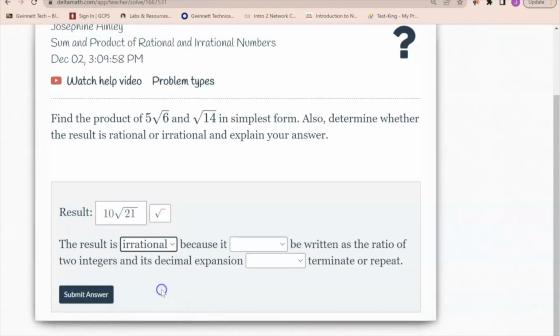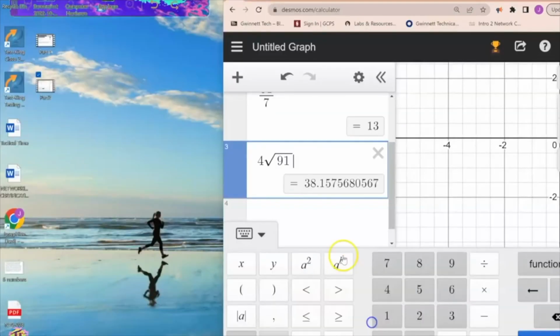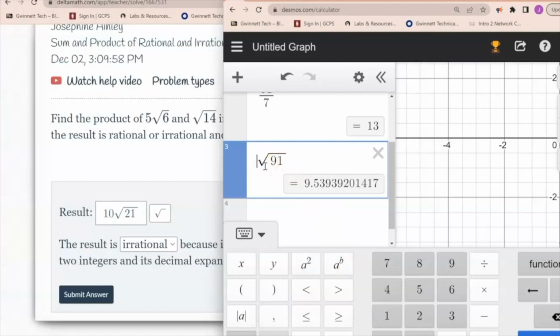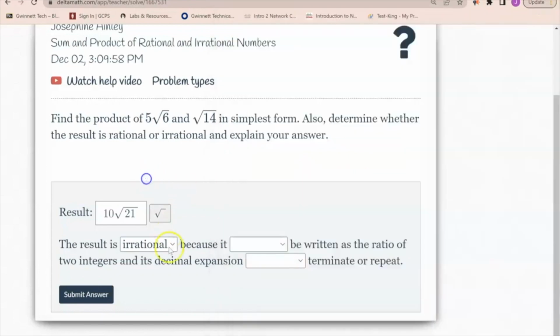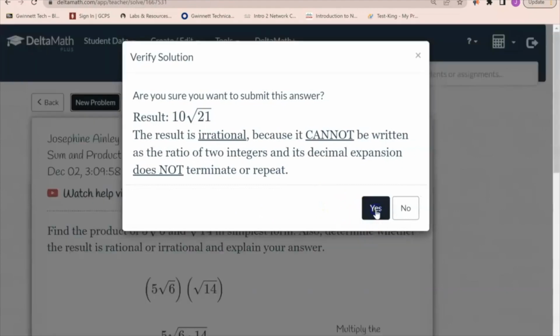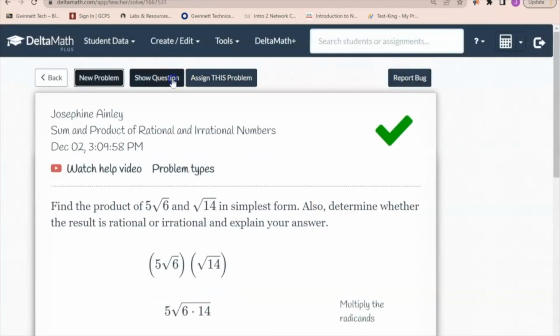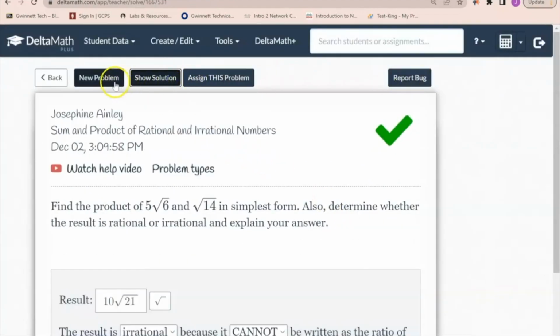And it is irrational because I still have this radical. And again, I will go ahead and prove it to you using a calculator. 10 radical 21. See, it's not repeating and it's going on forever. So it's irrational because it cannot be written as a ratio of 2 integers and its decimal expansion does not terminate or repeat.